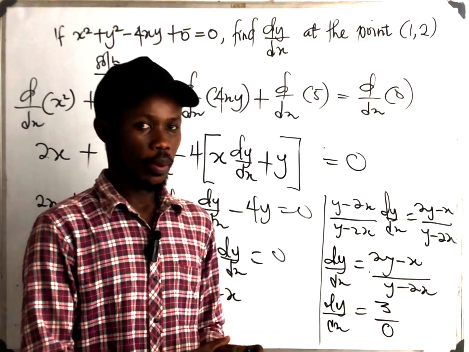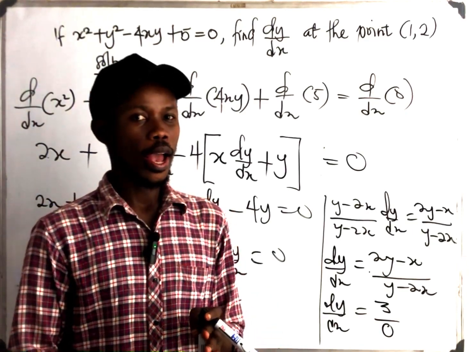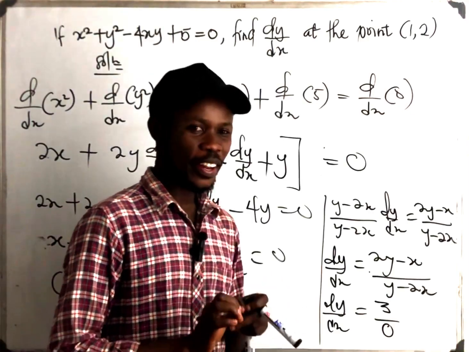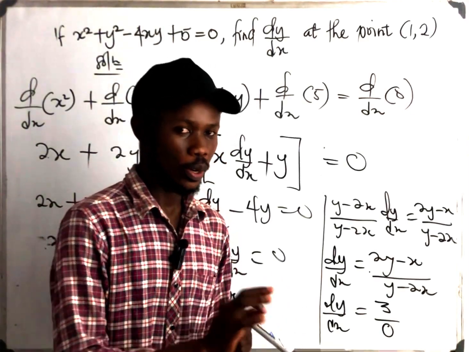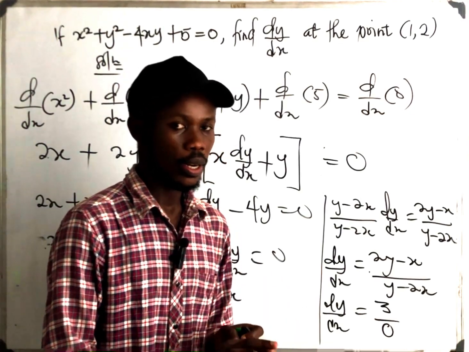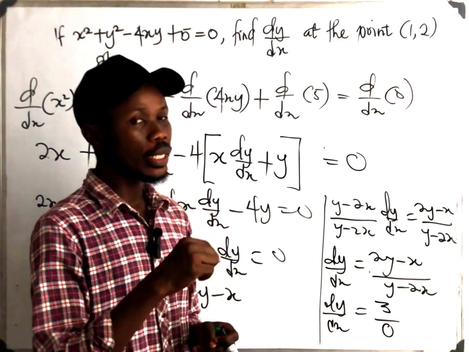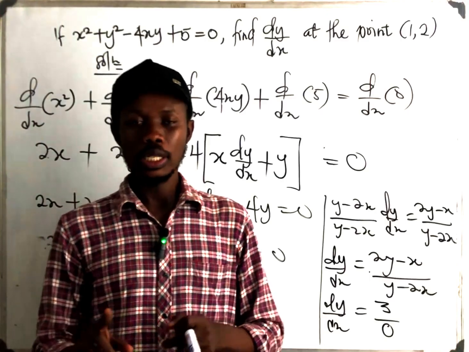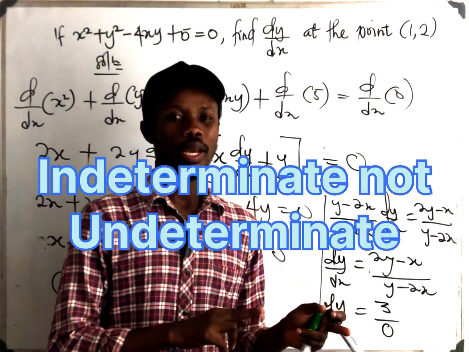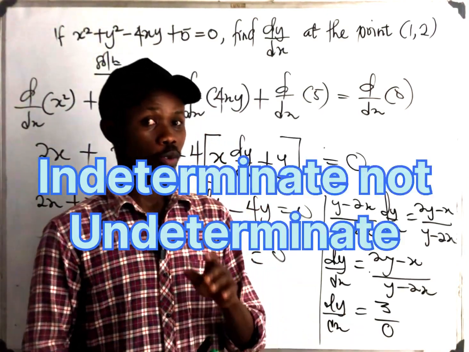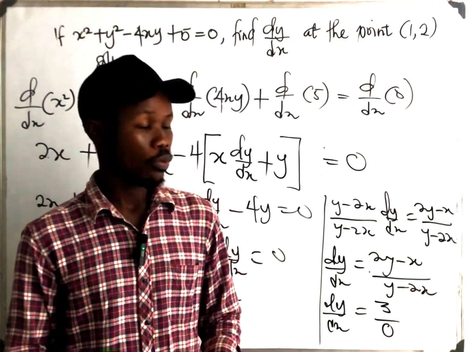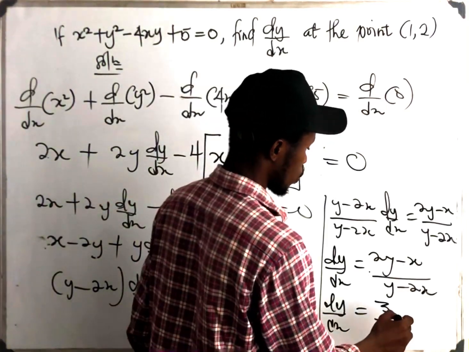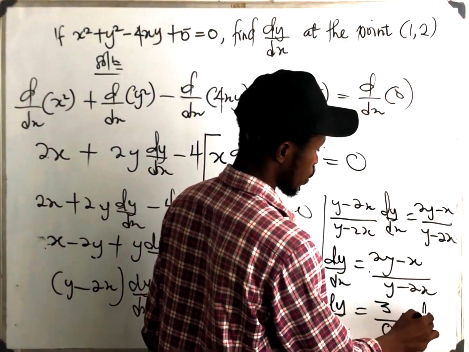Any non-zero number, now here listen to me very well, any non-zero number, I don't want any controversy here, divided by 0 is undefined. Let's take note of that. But 0 divided by 0 is not undefined. That one's indeterminate. There is a difference between undefined and indeterminate. And I will explain that one in a video for you to see. So this one is undefined.